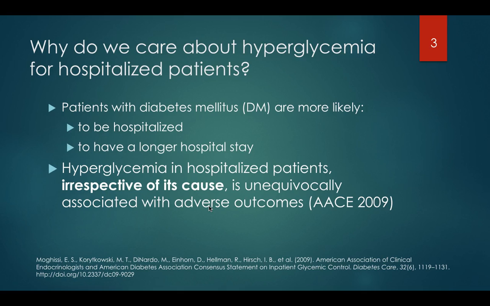So what does that mean? They don't just have to have diabetes. We're talking about a patient, for example, like an open heart on vasopressors with high blood sugar. If we control that blood sugar, if we manage it well, probably with an insulin drip, then we are going to improve the patient's outcomes. We're going to reduce their risk for adverse outcomes.